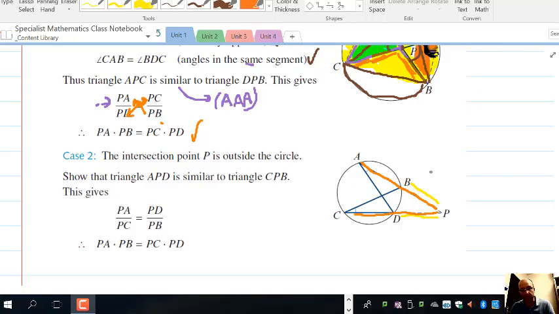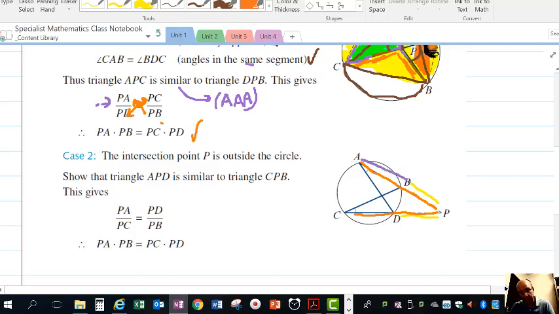We can do that because we can show that the triangle APD, whoops, I've overshot it, APD, is similar to CPB.